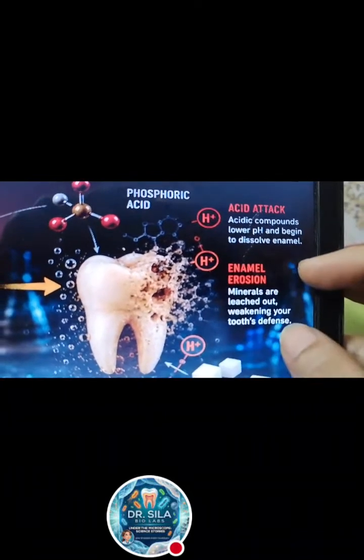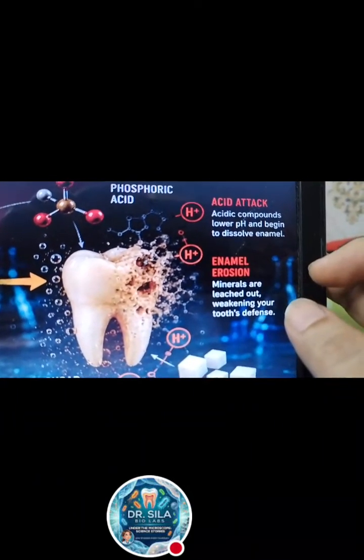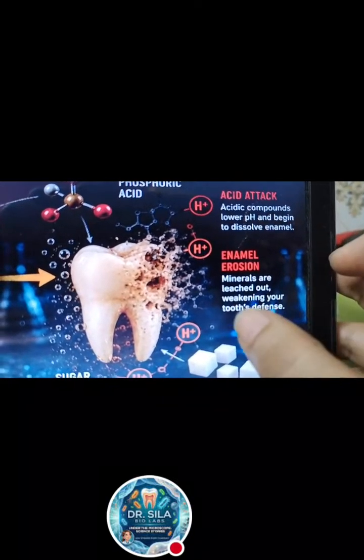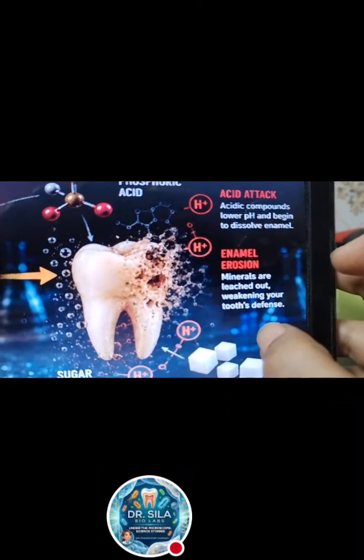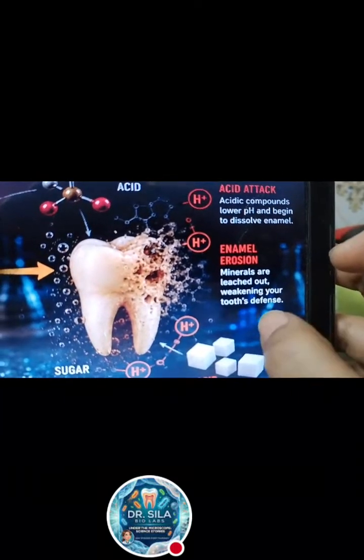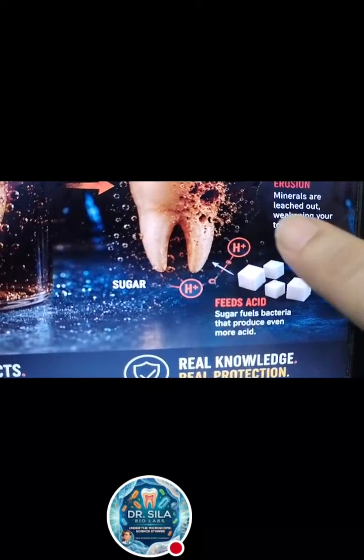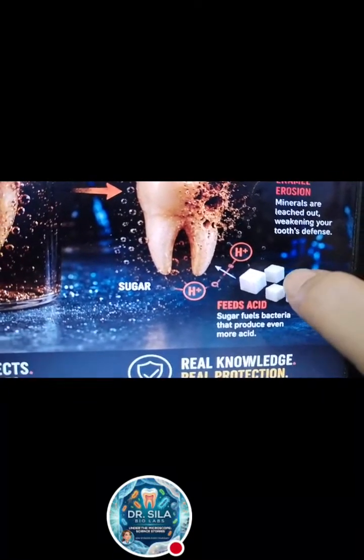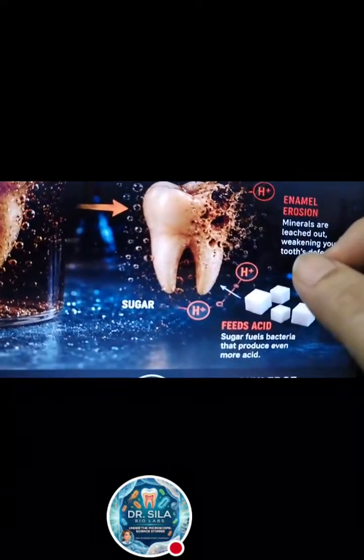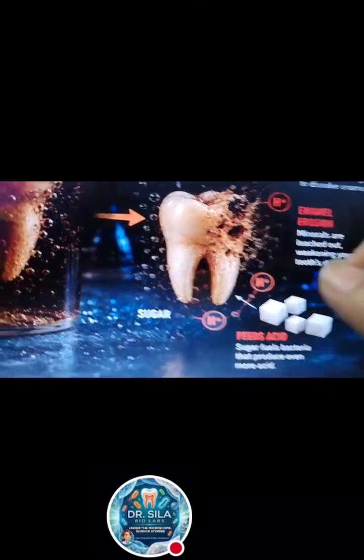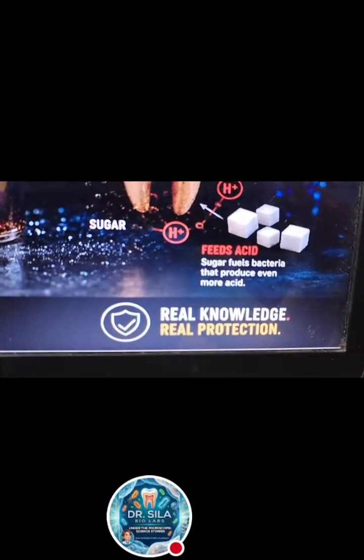Minerals are leached out of the enamel, weakening our tooth structure, weakening our tooth defense, of course. Sugar feeds bacteria that can even produce more acid. So real knowledge, real protection.